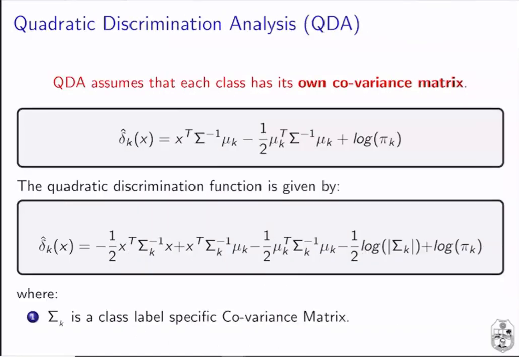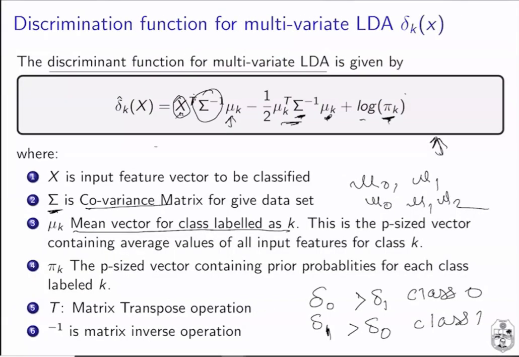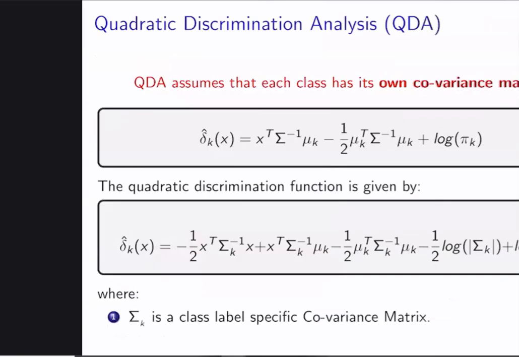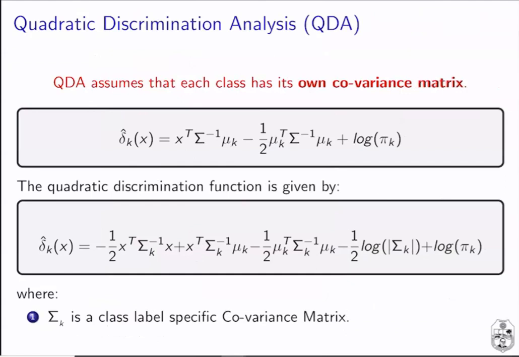Now there is a modified form of the linear discriminant function called quadratic discriminant analysis. In the previous example, there was only one sigma, or covariance matrix, and it is shared by all the class labels. In quadratic discriminant analysis, more than one covariance matrix is present, one for each class label.